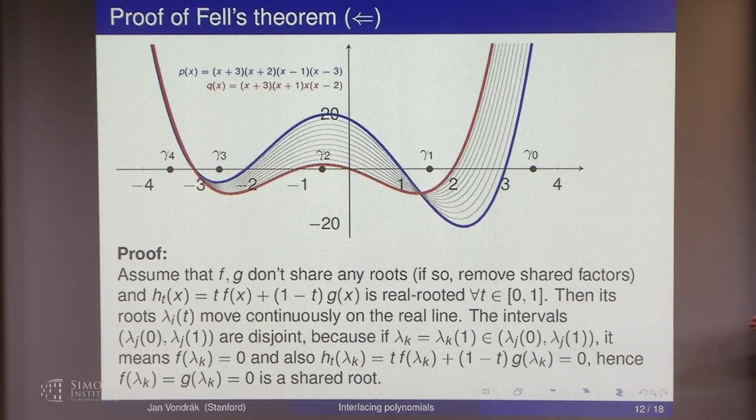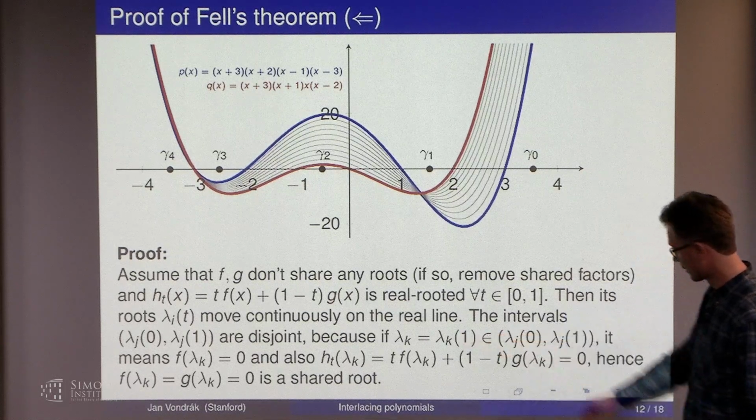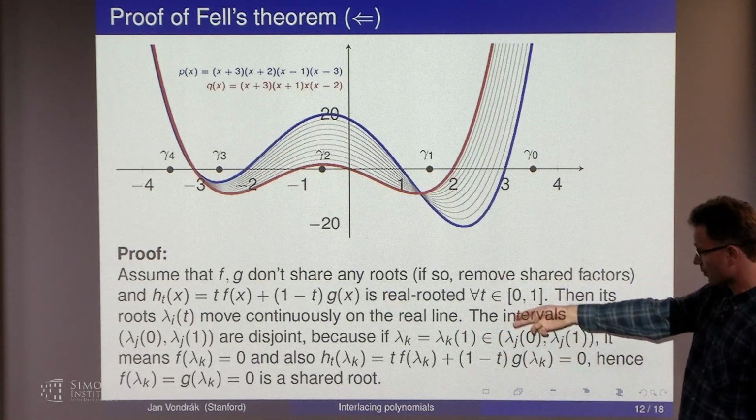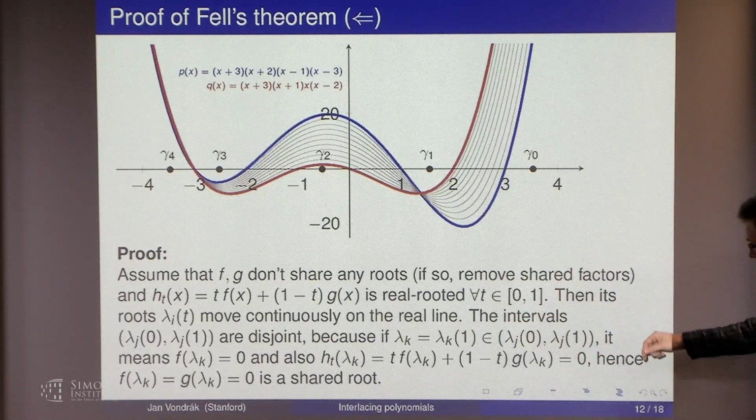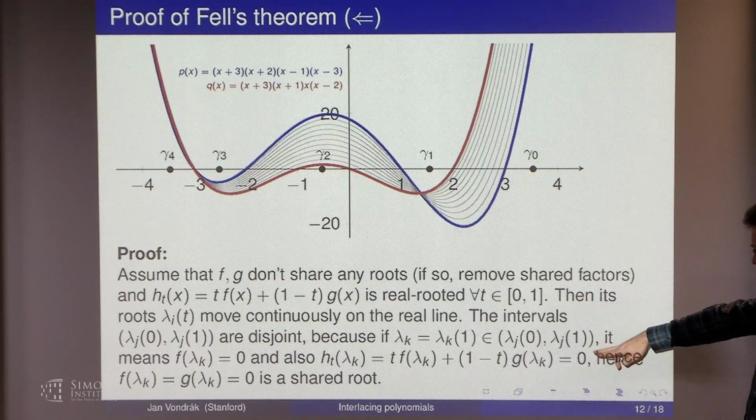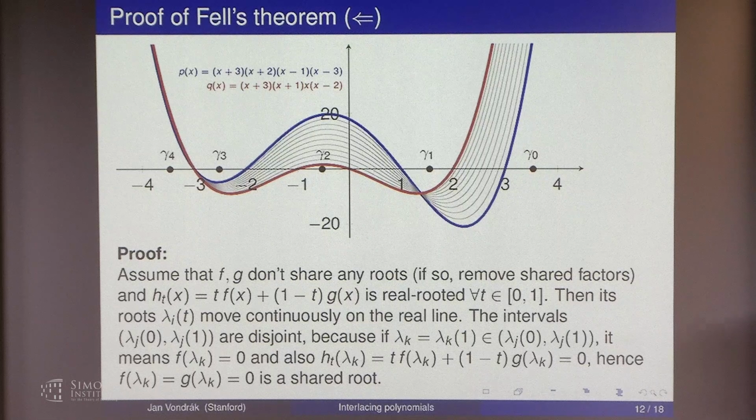Because what would happen if you had another root in this interval, let's say lambda k of 1, which would be a root of f? If it was inside this open interval, then for one thing it's a root of f, but also it's a root of this intermediate polynomial h_t for some t strictly between 0 and 1.